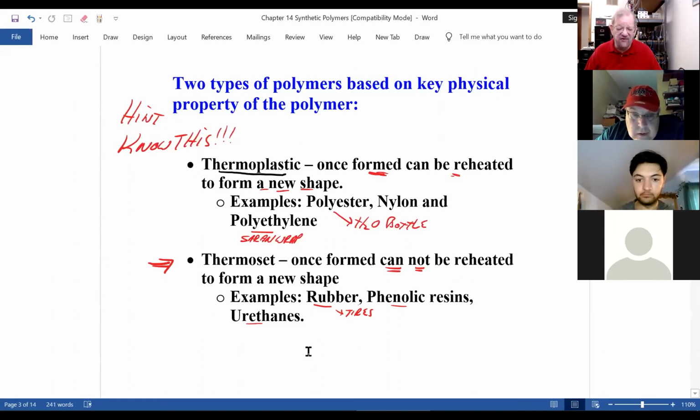I'll let you copy this down. If I ask on a test, what's a thermoplastic polymer? You should know it's a polymer that once formed can be reheated to form a new shape. If I ask on a test, give an example of a thermoplastic polymer, we could put down a nylon jacket, or polyester would be a water bottle.